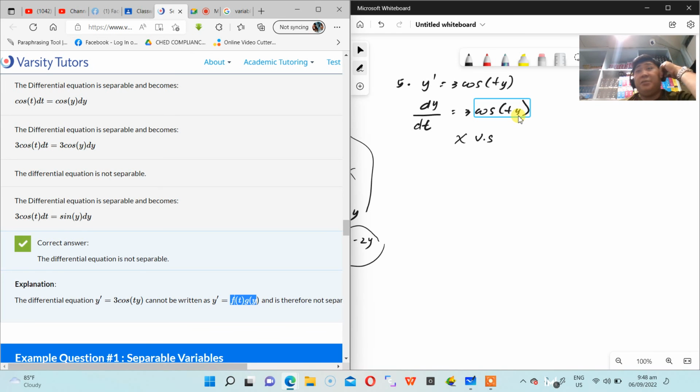So in this case, it can't be variable separable. That will be in our next topics, which we will use. Okay, so proceed.